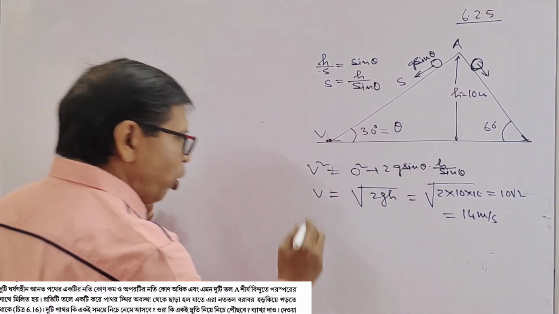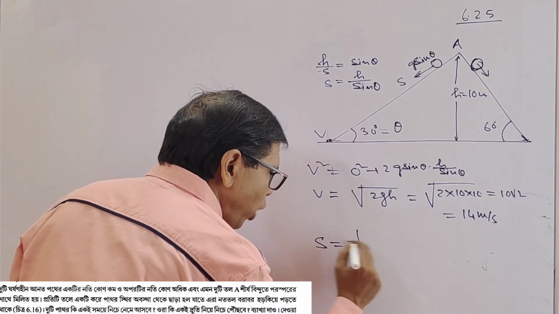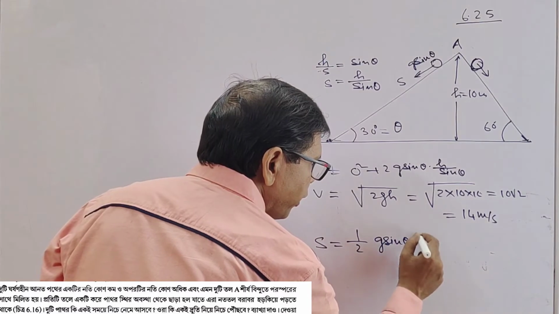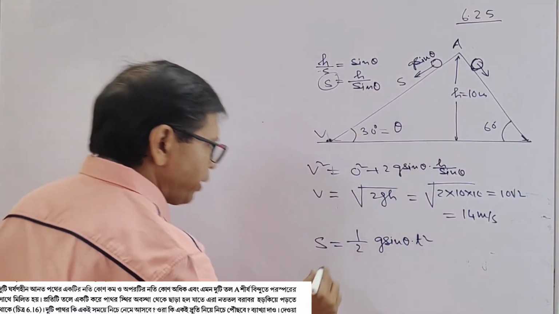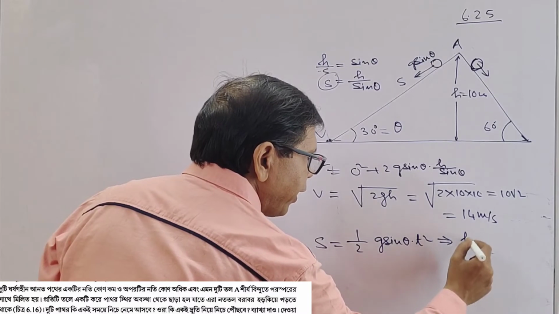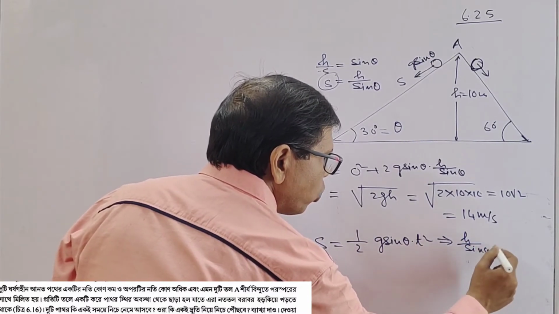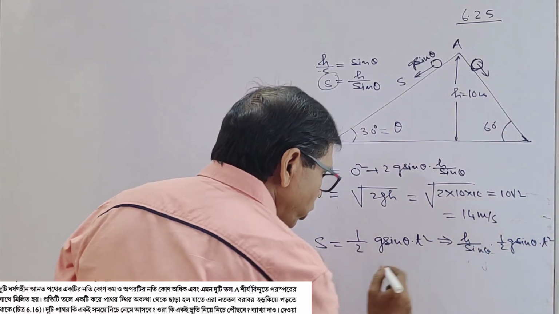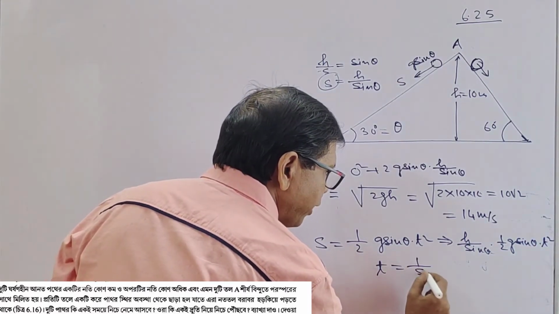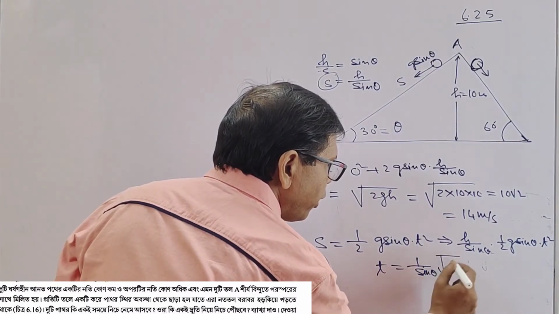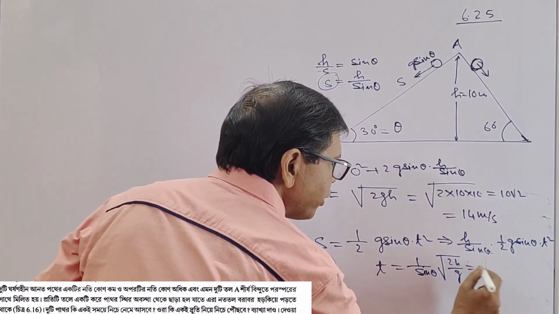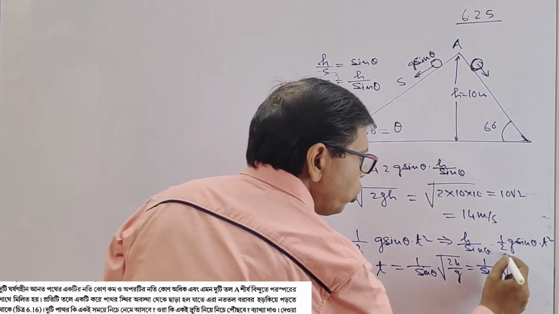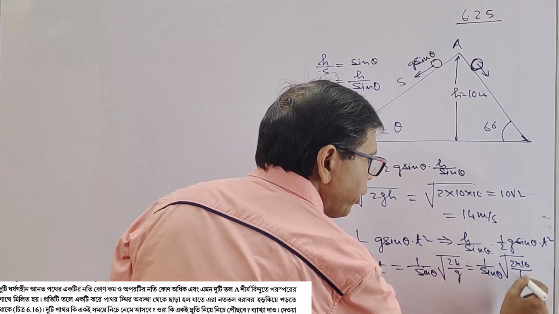If t is the time of fall, then h = ½ g sin θ t², where s = h / sin θ. So (h / sin θ) = ½ g sin θ t², and t = (1 / sin θ) × √(2h / g). That is (1 / sin θ) × √(2 × 10 / 10).